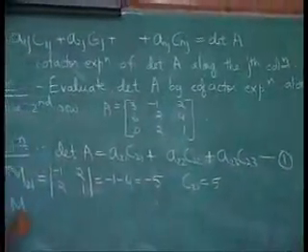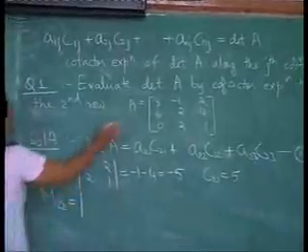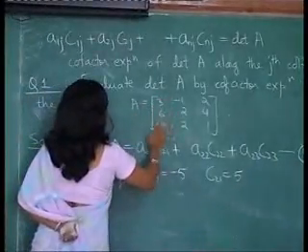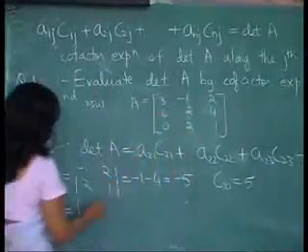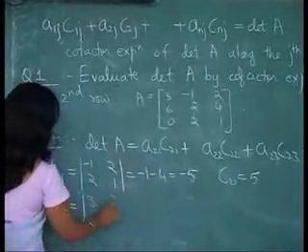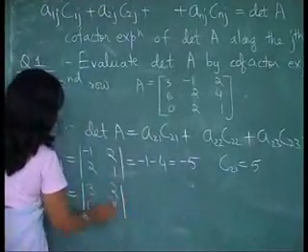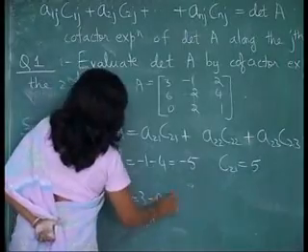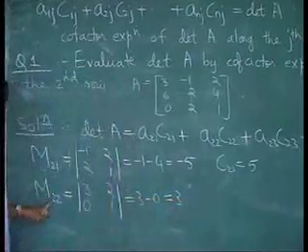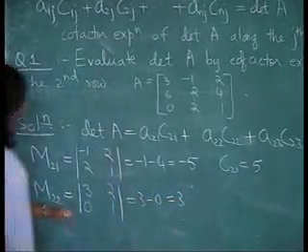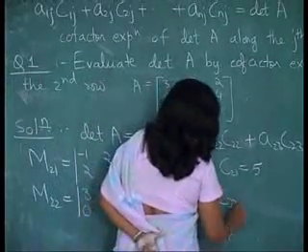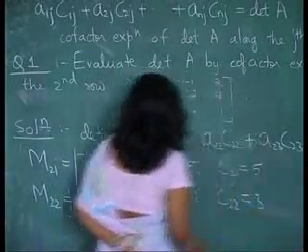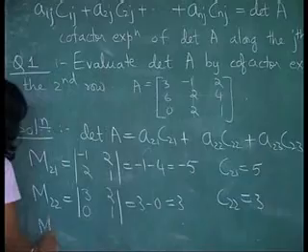Then look at M22. Now here the second row, second column. So we have 3, 2, 0, 1. The determinant of this is 3 minus 0, that is 3. 2 plus 2 is even, so the cofactor will be equal to this minor. So the cofactor is 3. Then M23.